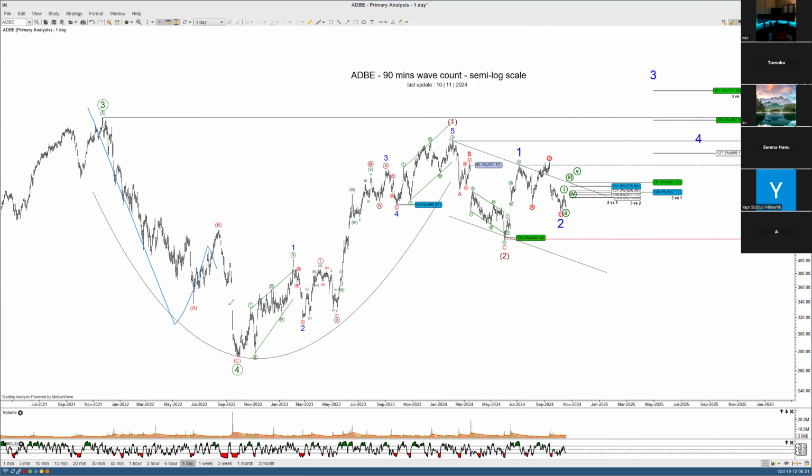These are all three-way moves. The worst case you can call A, B, C, and then you have something like this. That's a different thing. You're just taking a much larger fourth wave. Basically, you have an A, B, and you're going to have that C.